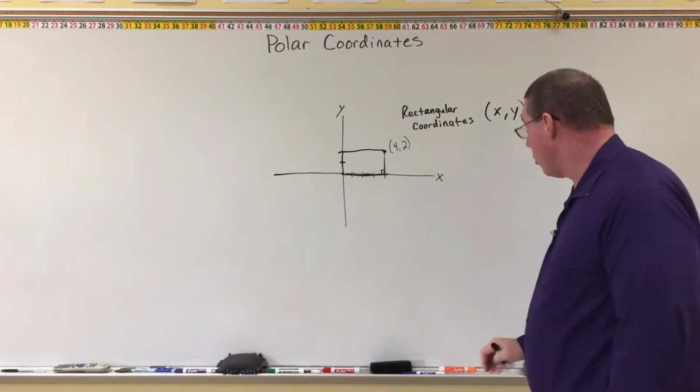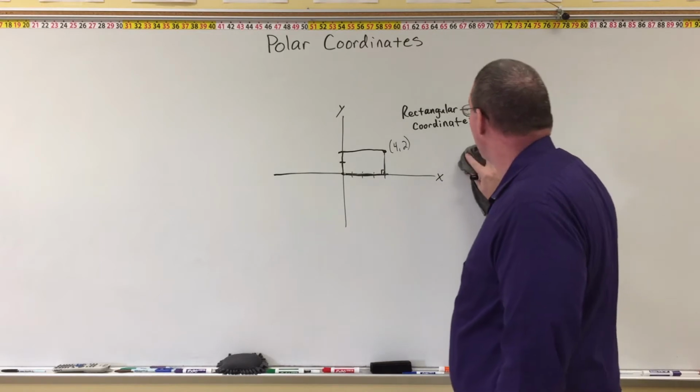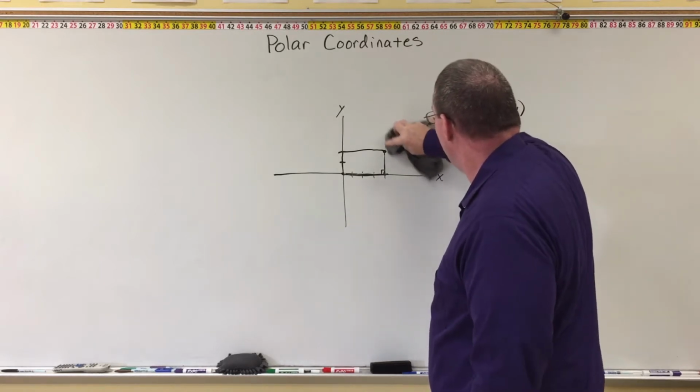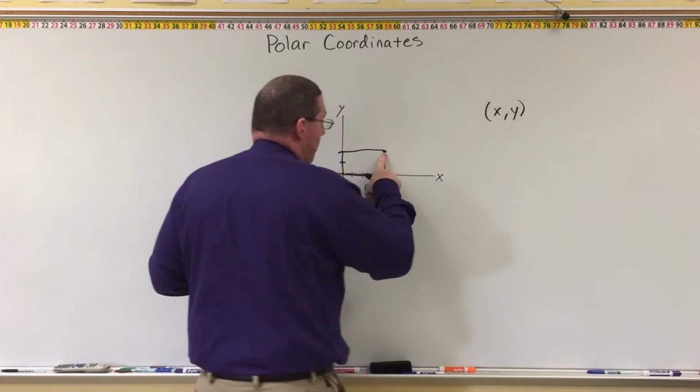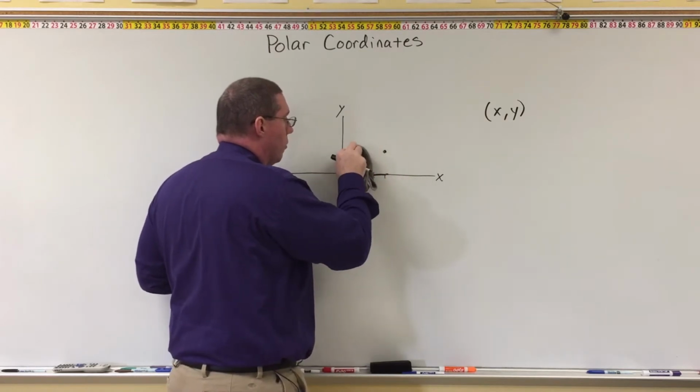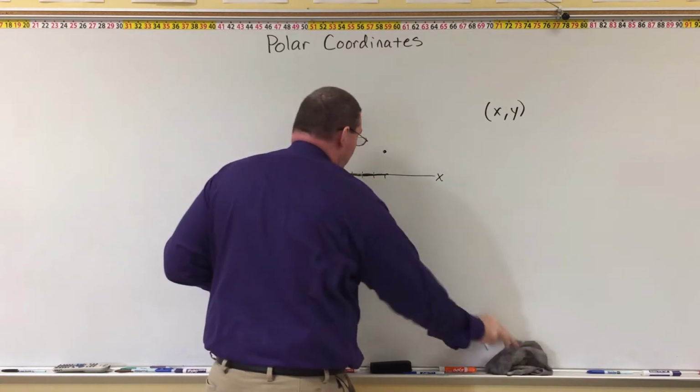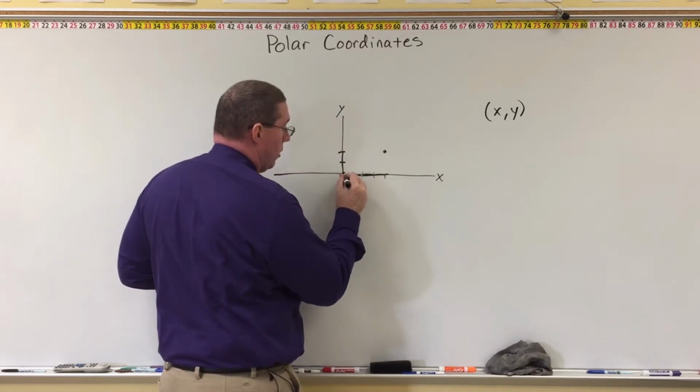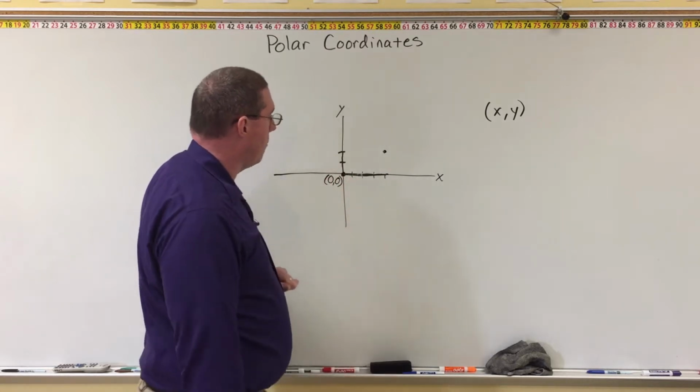Well, polar coordinates are a little different. In fact, we can keep that point right here. Every point from an origin point, we call this 0, 0, right? X is 0, y is 0.